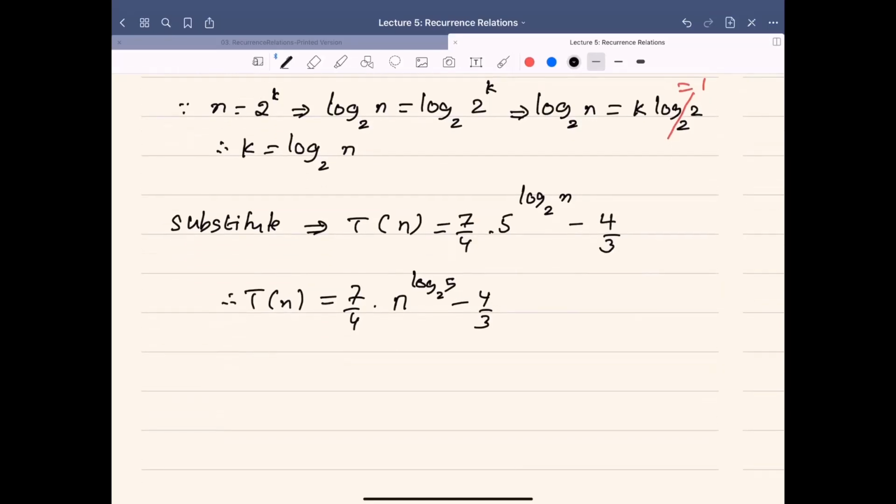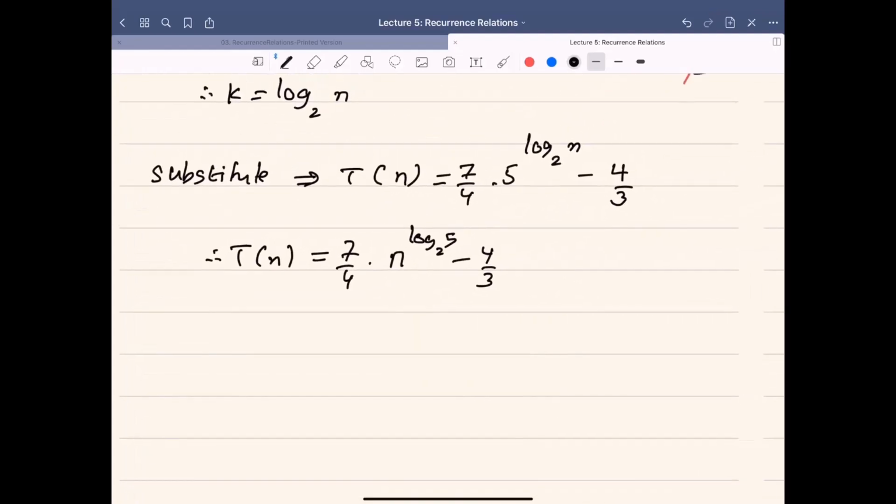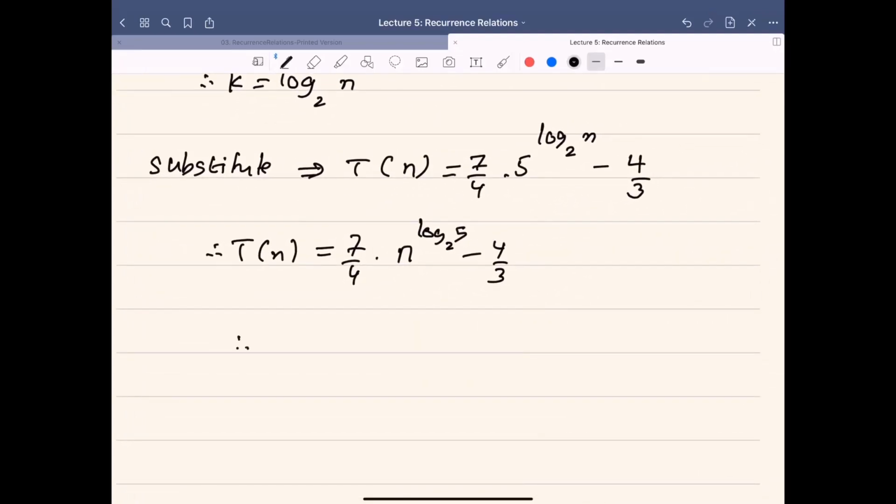And log base 2 of 5 is in fact a constant. By using the calculator, it is found that Tn is equal to 7 over 4 n raised to power 2.3 something, minus 3 over 4. So if I ask you what is the running time for this algorithm, it is theta of n raised to power 2.3.